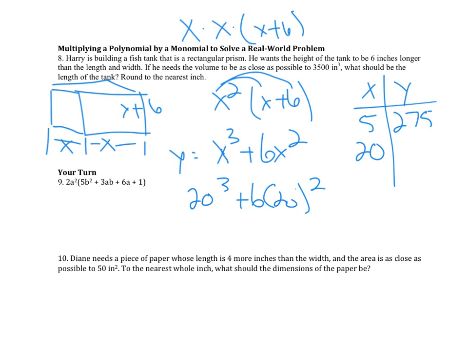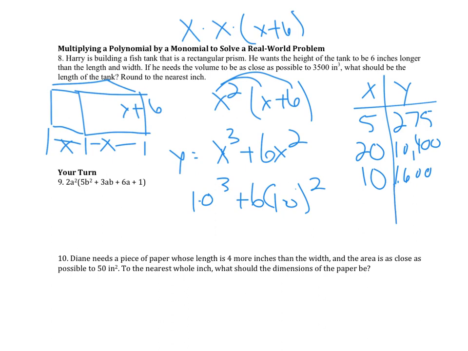We get 10,400, so now we've jumped up too high. Let's come back down some. Let's go 10. Substituting 10 in, we get 1,600, which is low, but we're getting closer.